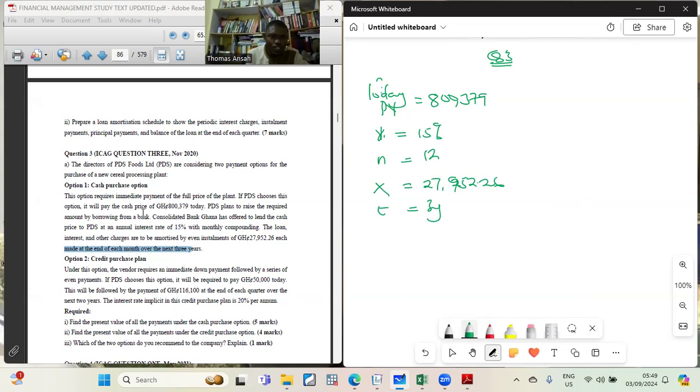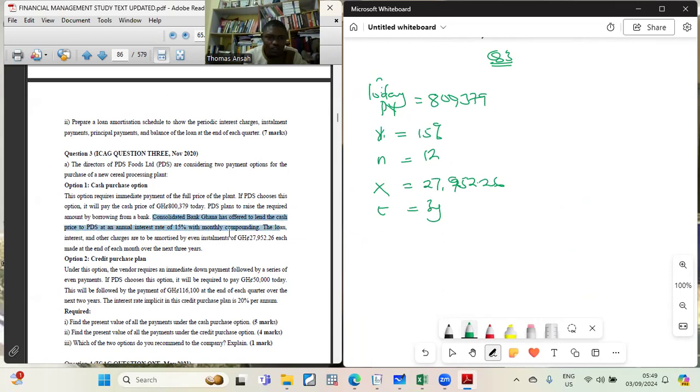All right. So it says that he needs to pay money. And if he chooses that plan, you have to pay this money today. And it says that PDS plans to raise the required money from a bank. But a bank is telling them that the rate is 15%.